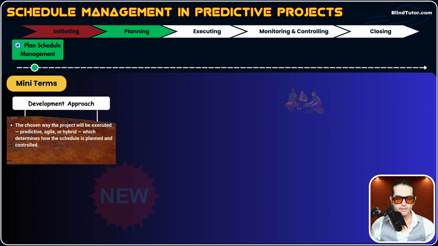And development approach is mostly chosen at the very beginning of the project. Why? Because everybody needs to know, okay, what's going on and how do we approach, for example, the planning phase? Because schedule planning, since we're in schedule planning, in predictive projects is different from adaptive projects and hybrid projects, okay?